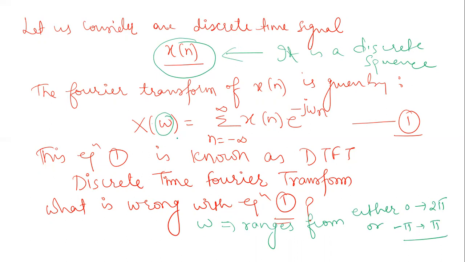So this is the range for which your omega will work. But if you come here, you will see that the n is extending from minus infinity to infinity.